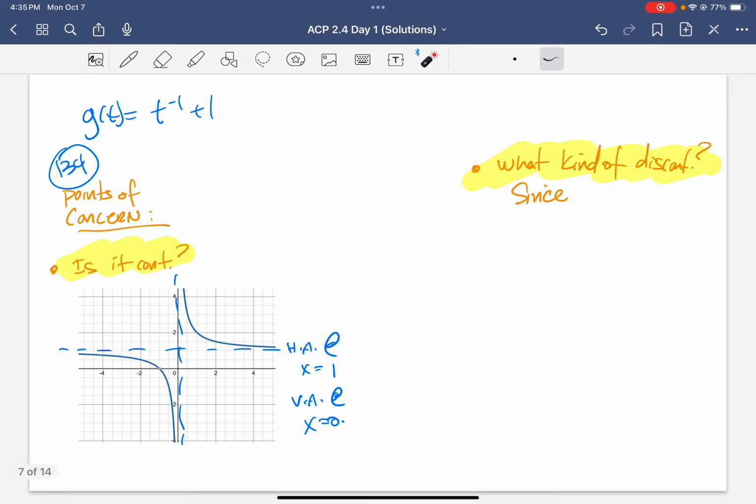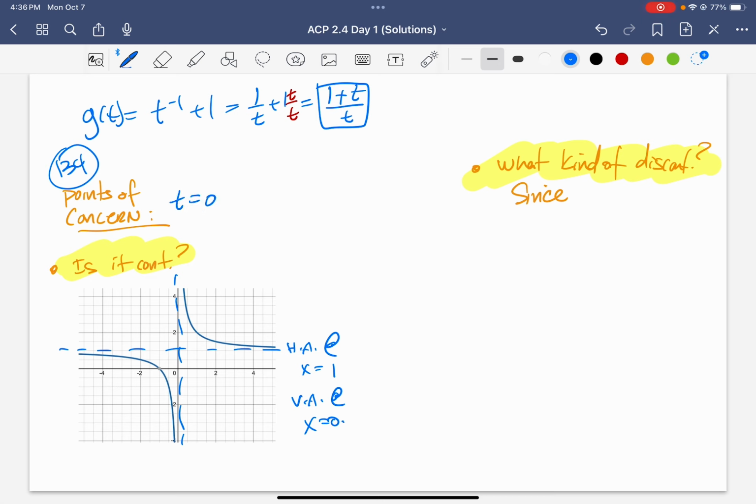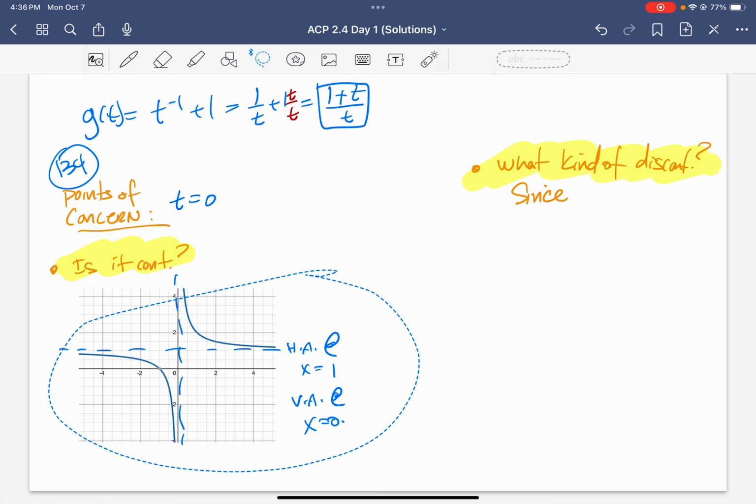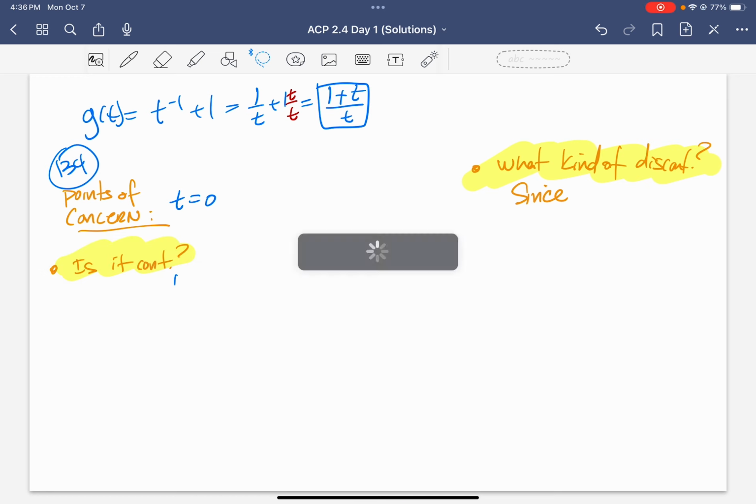So now for this function, if it's t to the negative 1 plus 1, that is 1 over t plus 1. But I think it's easier to see if we use a well-chosen 1 and write it as one term. So it's this over t. That's really the function that we're looking at. I think it's clear now that our point of concern is going to be t equals 0. And so what do I have to do to show if it's continuous there or not?